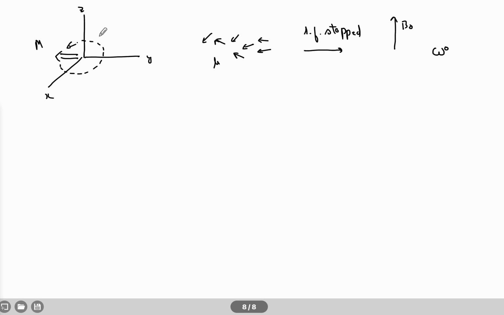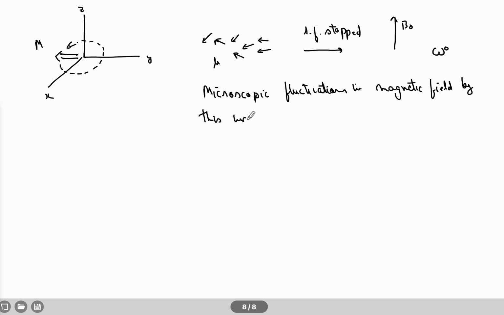So that many rotations are happening so fast, but eventually, due to microscopic fluctuations in the magnetic field, by these individual spins, some of the spins actually lag behind or lose their frequency, and some of the spins come forward and gain the frequency.